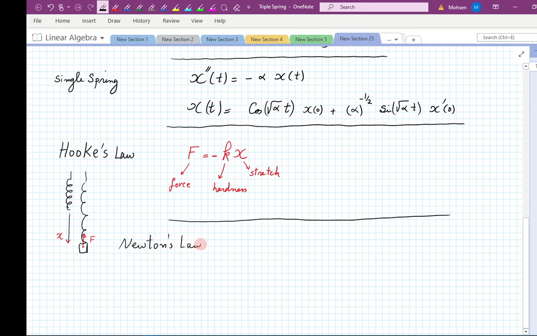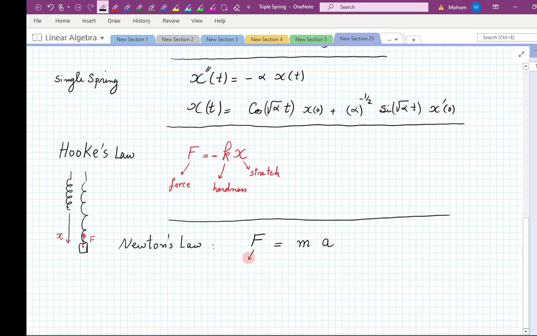Newton's law in physics or engineering is perhaps as famous as the Pythagorean formula in mathematics. What does Newton say? Newton says force is equal to, let me see if I can get a chorus out of you guys, m, which is mass, times what? Times a, which is acceleration.